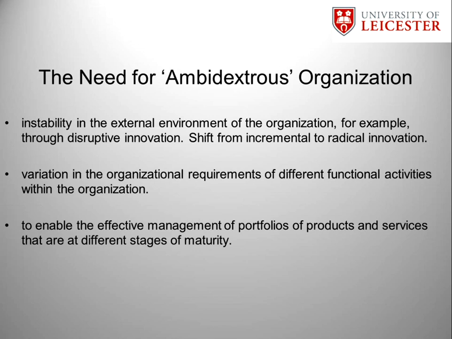So it might be that some divisions are more organic than others, simply because one division is looking after products that are delivered to a very immature market, and other divisions are looking after more mature markets where you might be focusing more on costs, and therefore it's a more mechanistic structure that's appropriate.